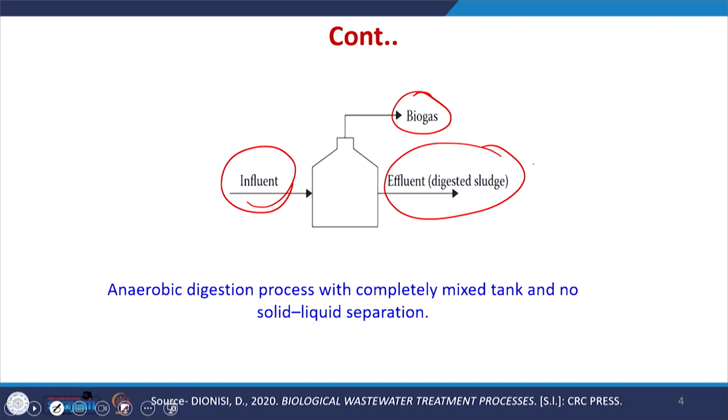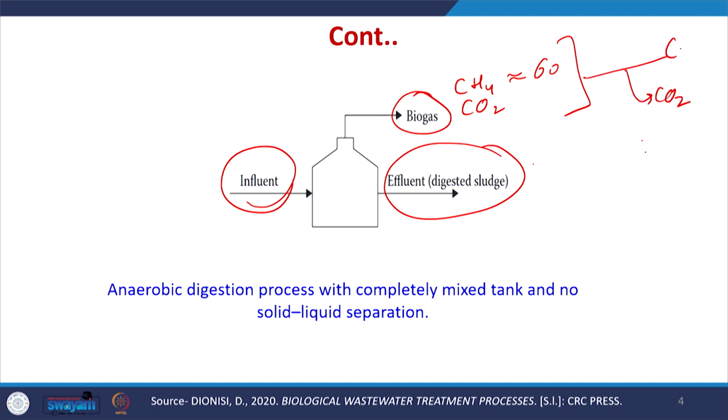This biogas contains a lot of methane, usually in the range of 60%, and the rest is CO2 and other gases, and there is a lot of demand for this biogas. If possible, we can separate the CO2 and have CH4 of more than 90%, and then this biomethane can be clubbed together with the usual CNG lines, and we can have more applications of this.